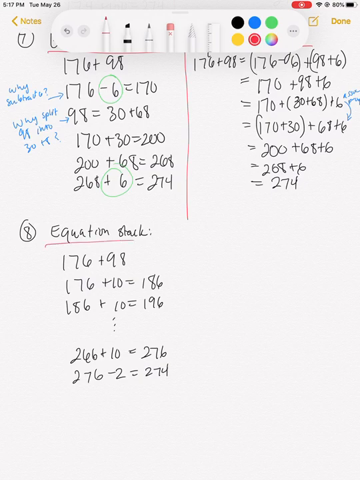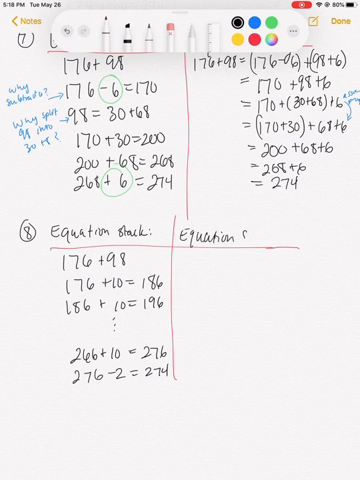Okay. Now if you want to go with the equation string on this one, you'll have to do 176 plus 98 is equal to 176. Now what they did is they just kept adding 10s. So plus 10, as many as you need to get up to 100, and then subtract 2.